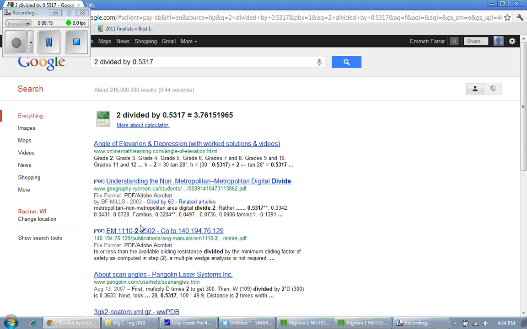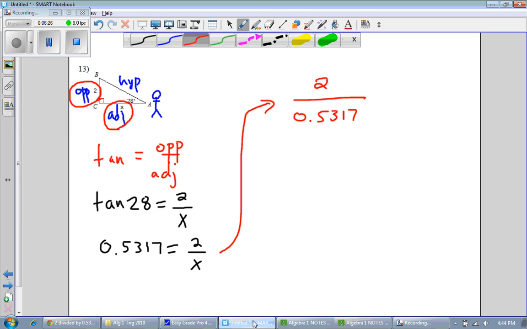Hey, there it is, 3.76. Usually you round our answer here to one decimal place, so 3.76 would round to 3.8. X is equal to 3.8. That's it. We're done.